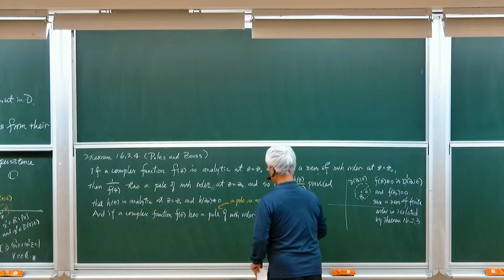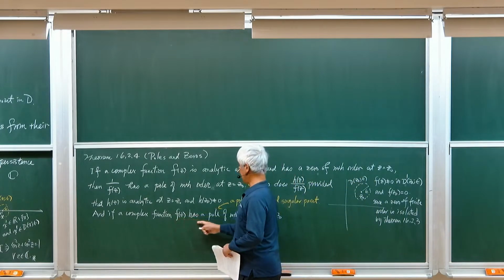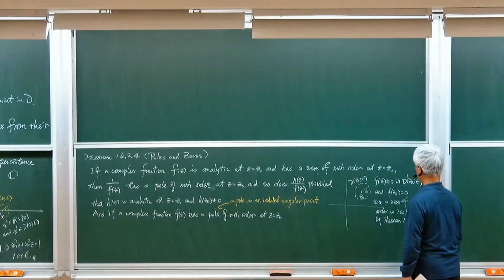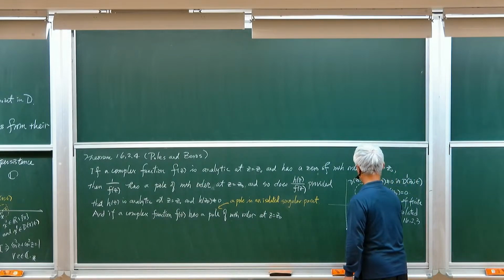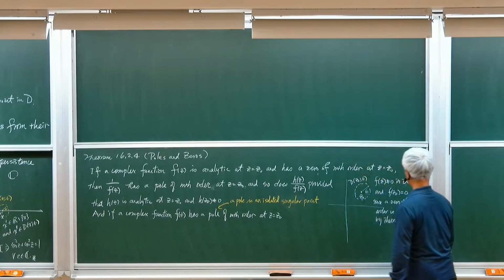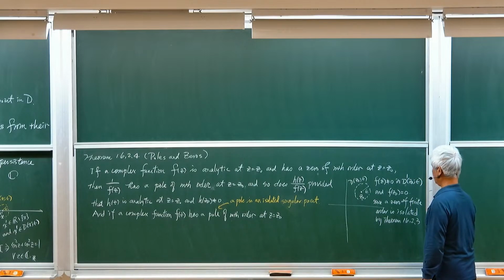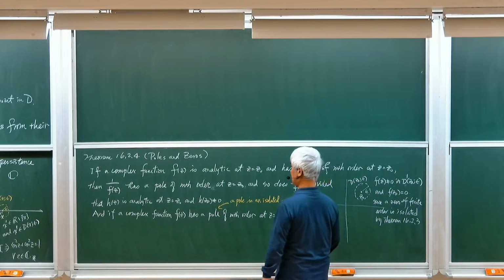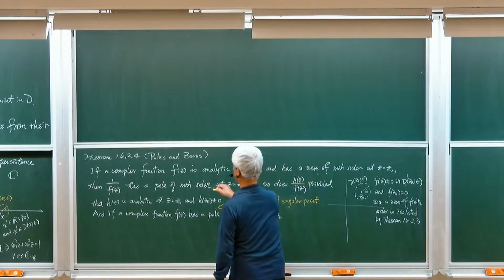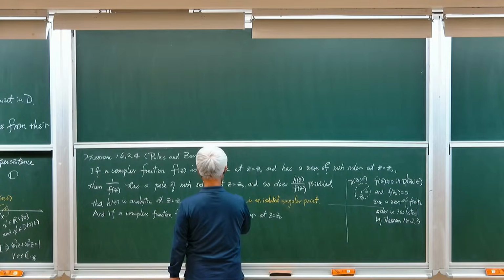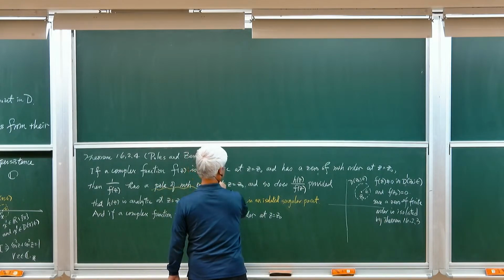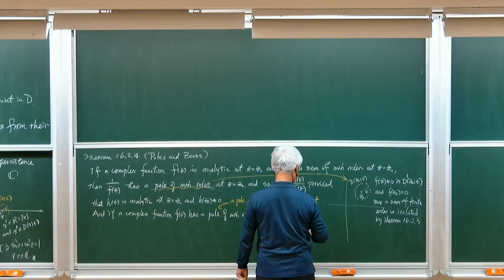All right, so if a complex function has a pole of mth order, so this is the case. You can look at that.